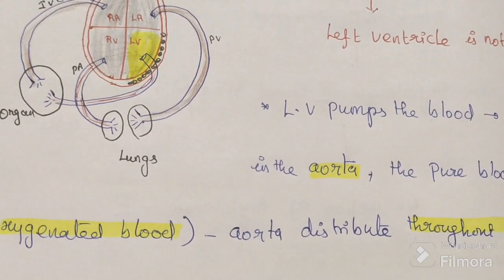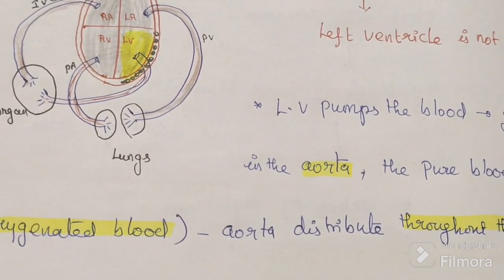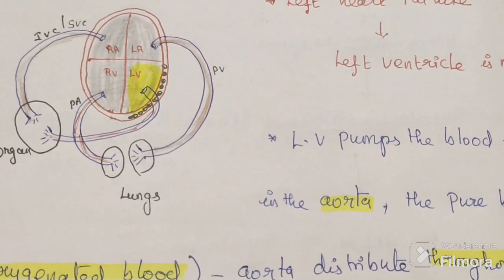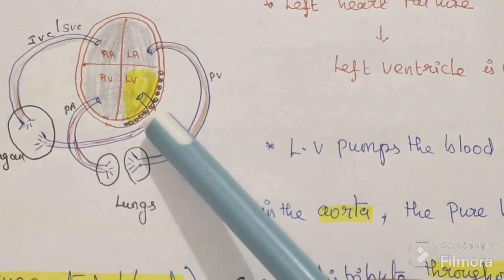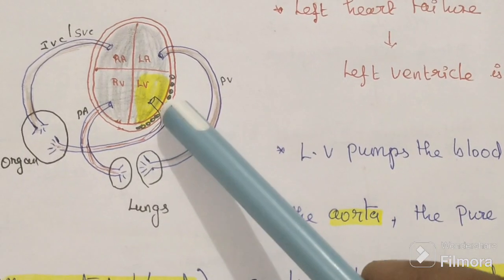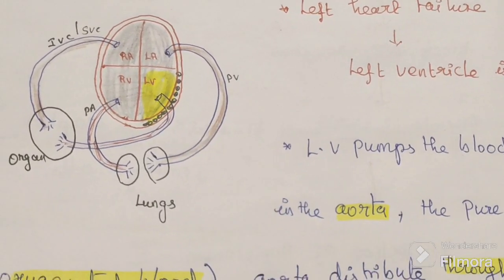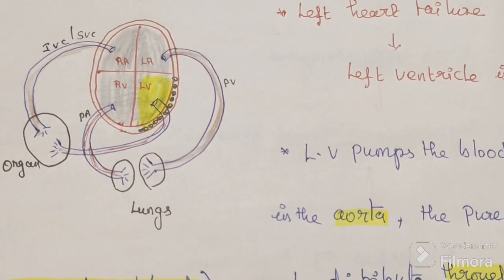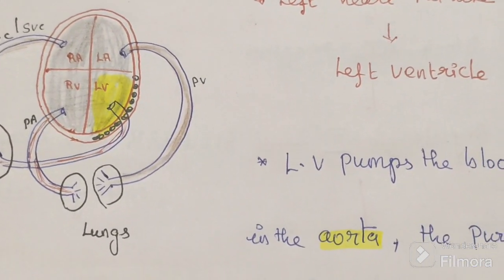Inside the heart, in the left ventricular wall, there is a cell, the black colored one. These cells are known as cardiomyocytes.